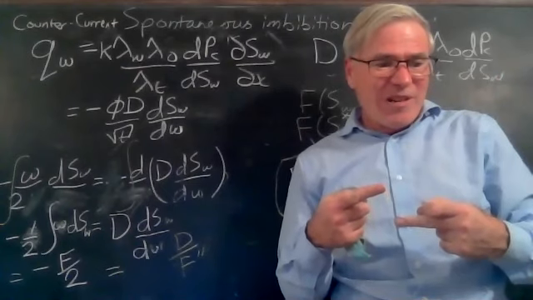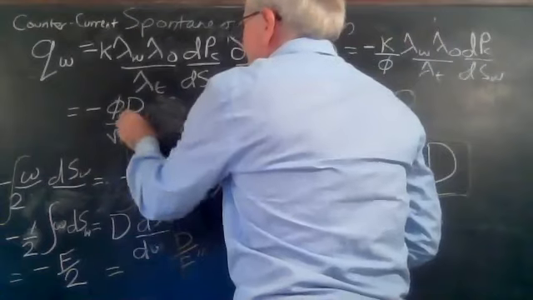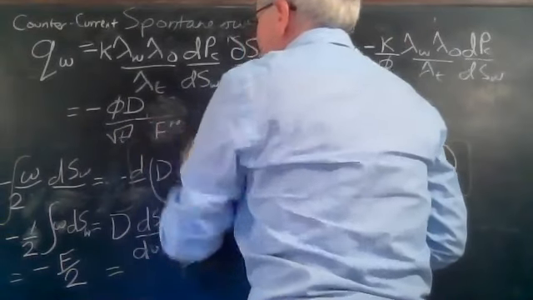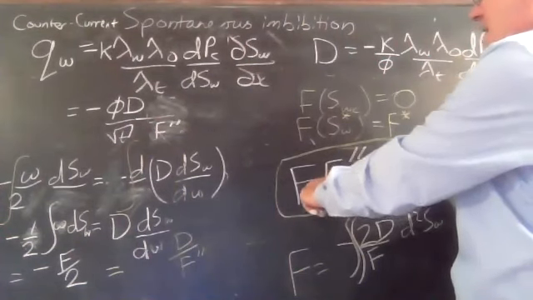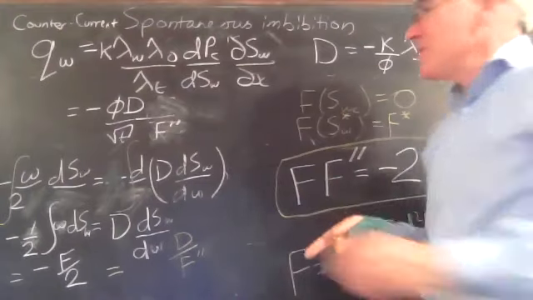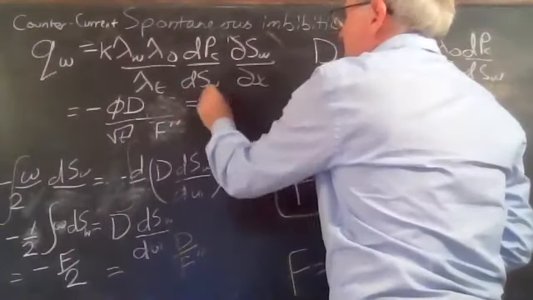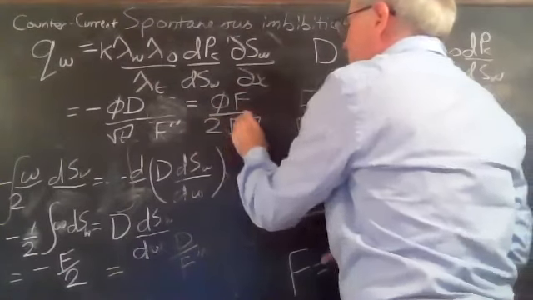So we can get rid of this, and then D over f double primed is minus f over 2. So we get this as phi f over 2 root t.